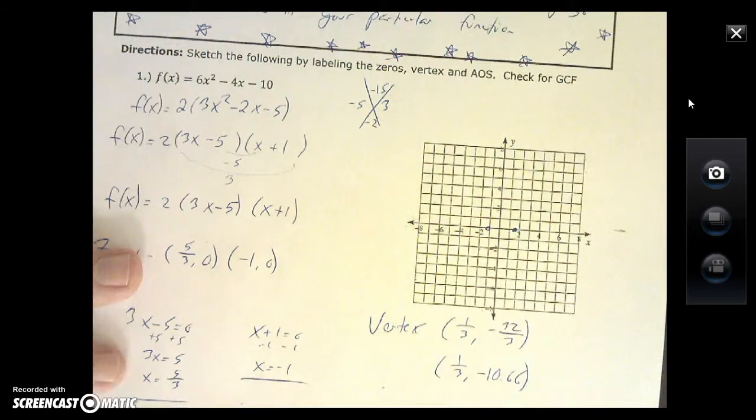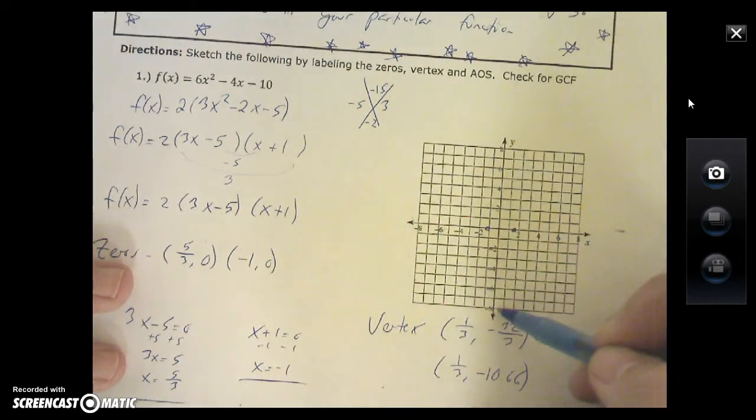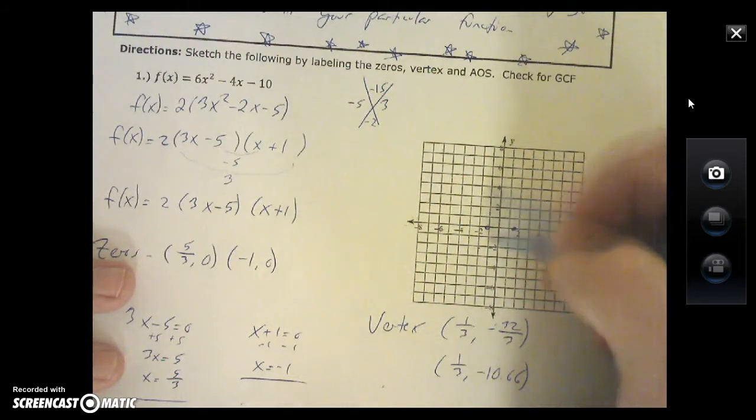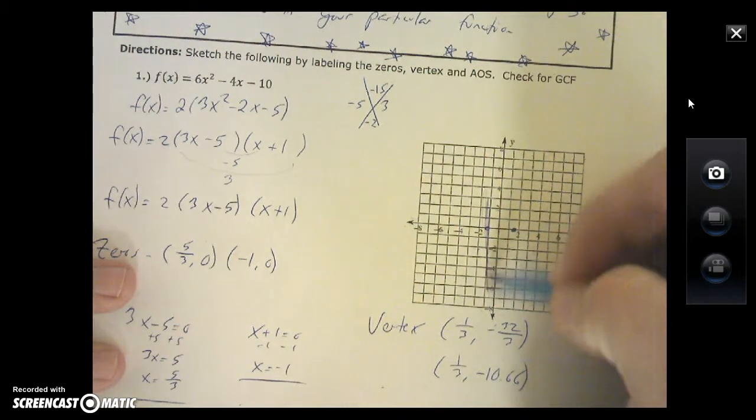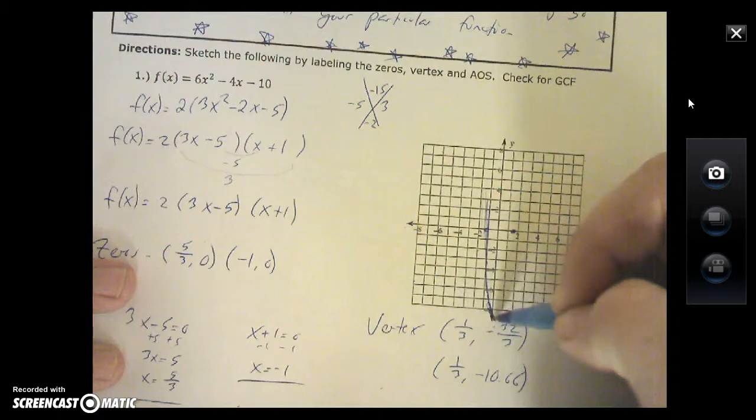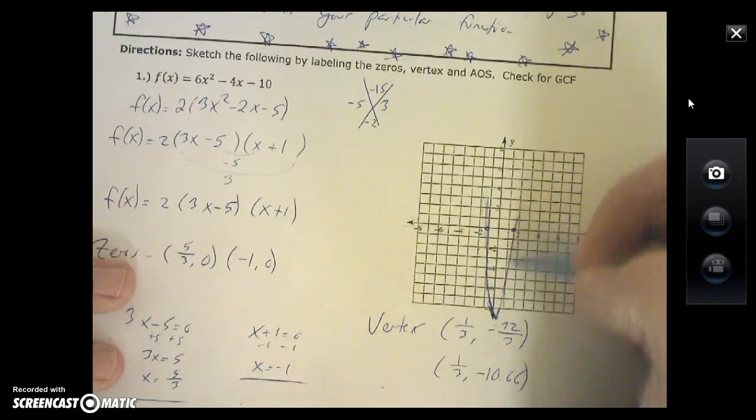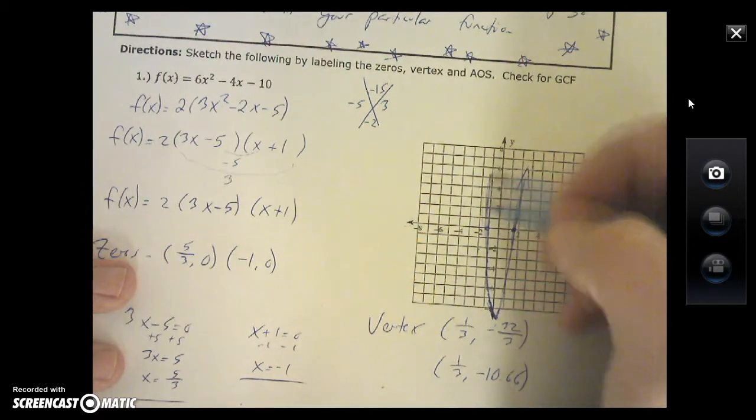Okay, so it would be roughly down, let's see, way down here. Okay, so your graph would look completely just kind of drawing a rough sketch here, like so.